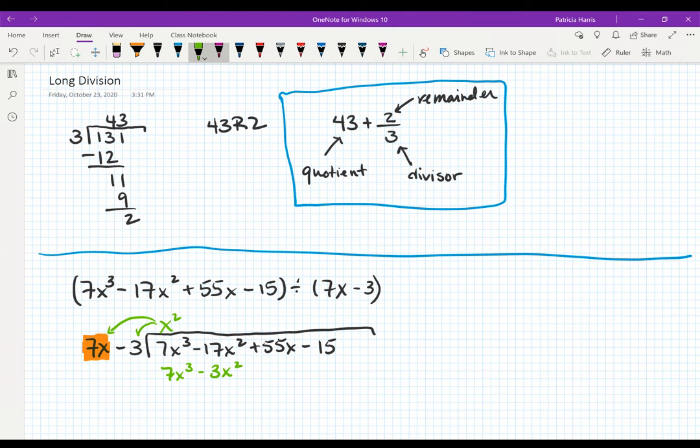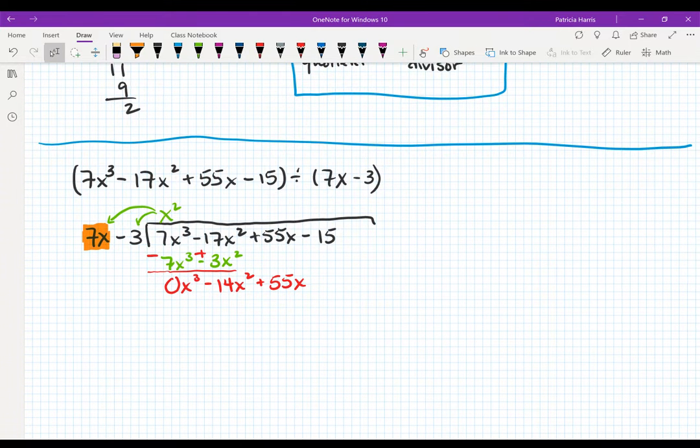Now, if we remember from elementary school, we always subtracted these. So we're going to change the signs. If it's positive, it becomes negative. If it's negative, it becomes positive. We're going to subtract down. We always want a 0 for our first one. Negative 17x squared plus 3x squared is negative 14x squared. Bring down your 55, like so.